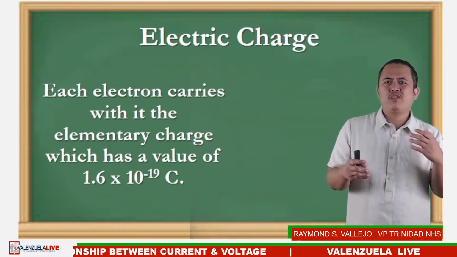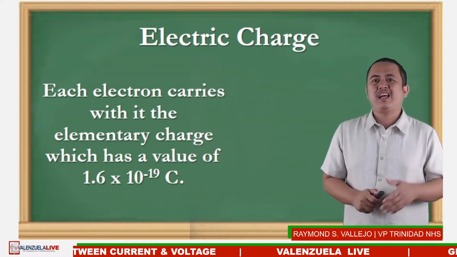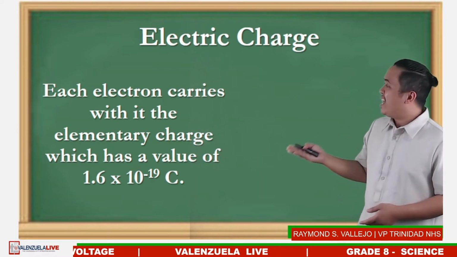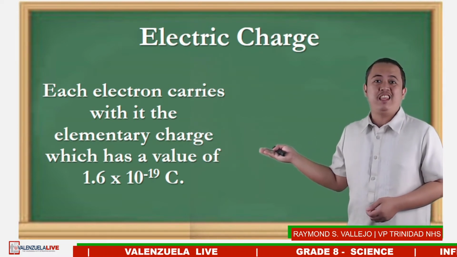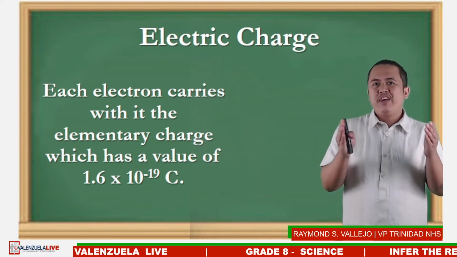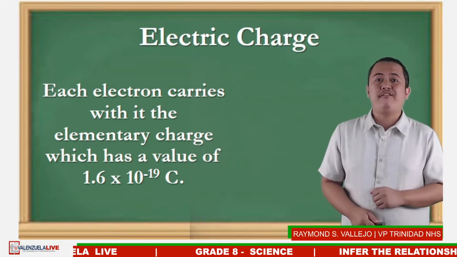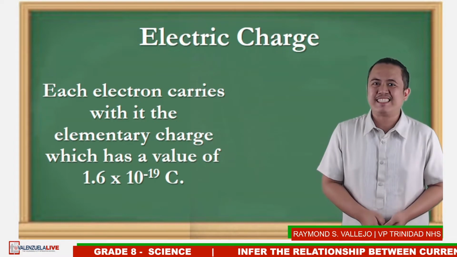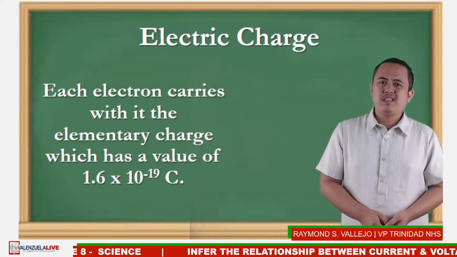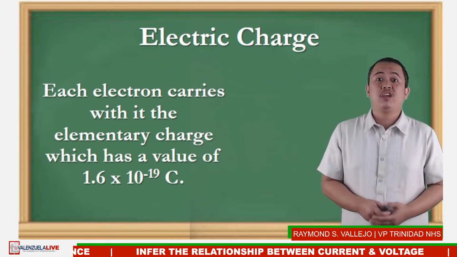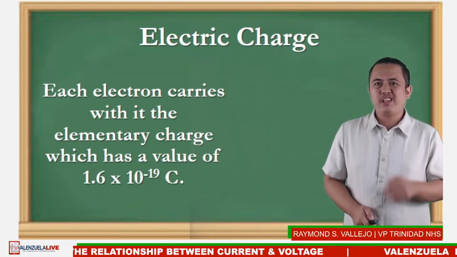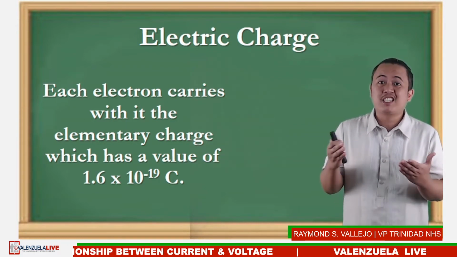Each electron carries with it the elementary charge, which has a value of 1.6 times 10 raised to negative 19 coulombs. This magnitude is positive for protons and negative for electrons. Each system has an electric charge that is a multiple of the elementary charge. In short, electric charge is quantized.